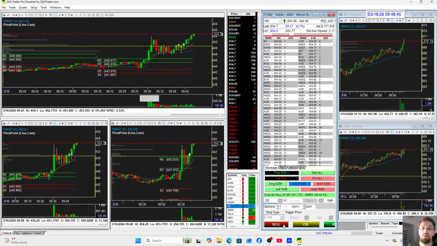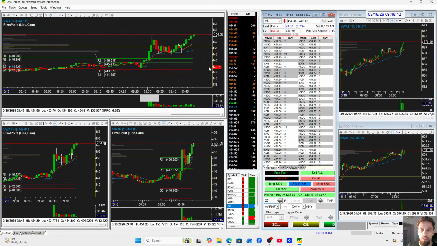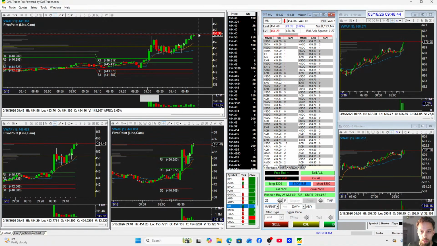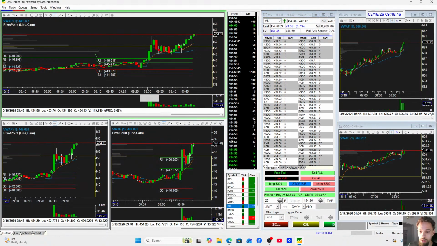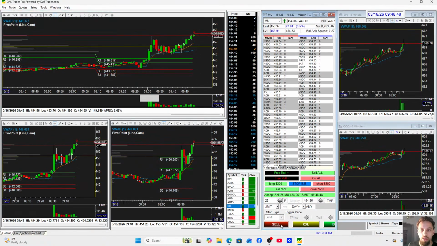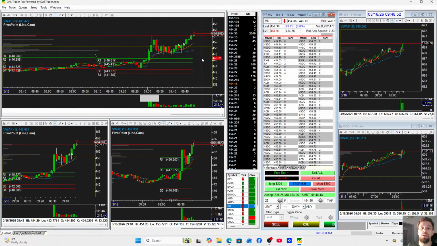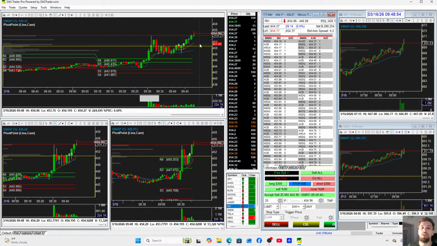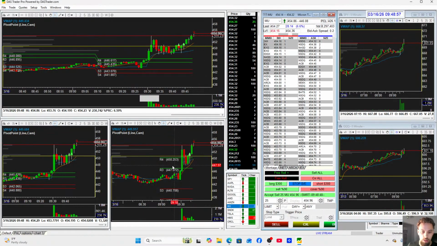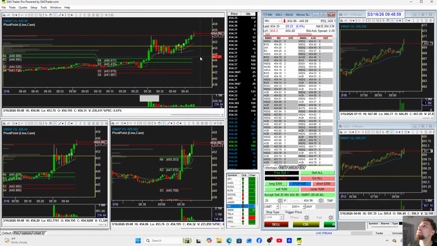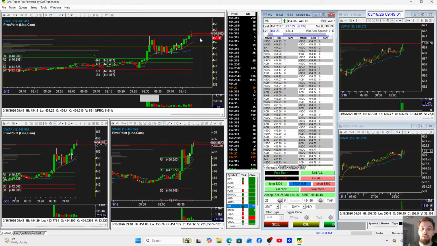Pretty close. Put that limit order there, so if it gets to 454.96, it'll close 25 shares here. Looking to see if we can squeeze there.